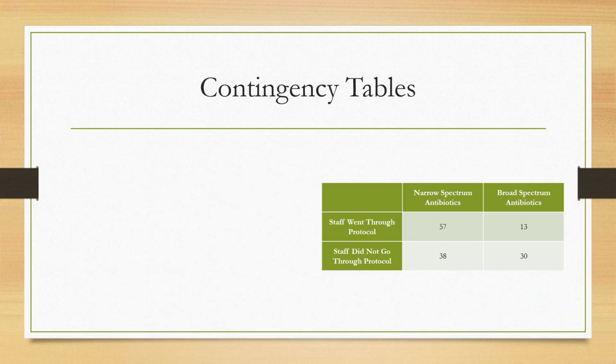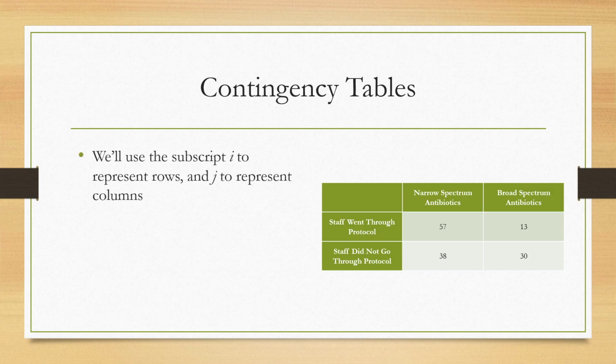All right, so let's toss that off to the side here and note a couple of notes on notation. So we're going to use the subscript i to represent the rows and the subscript j to represent the columns. Now this changes depending on the context and who you talk to.